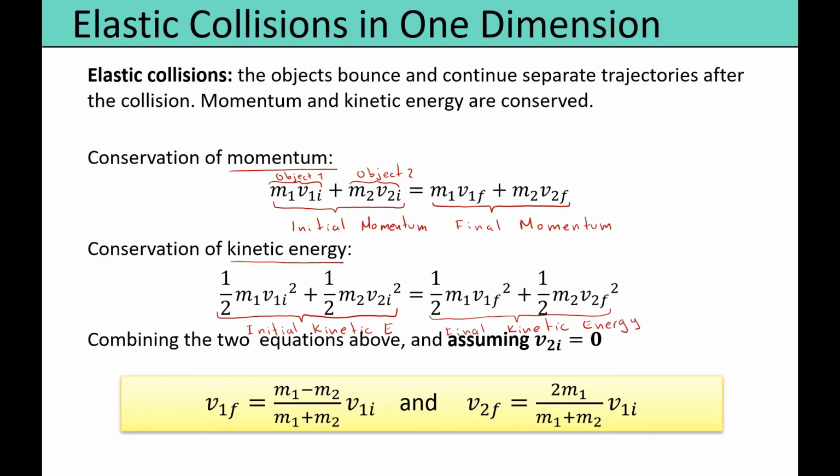When we combine these two above equations and we assume that the initial velocity of object 2 is 0, so initially object 2 is at rest and object 1 is approaching object 2 before the collision, we do some algebra, and we will get two equations to find the final velocity of object 1 and the final velocity of object 2 in terms of the initial velocity of object 1.